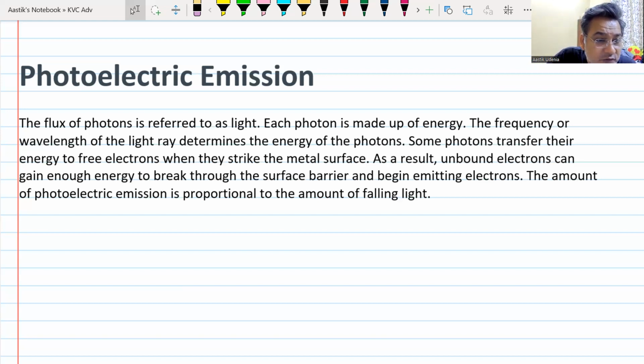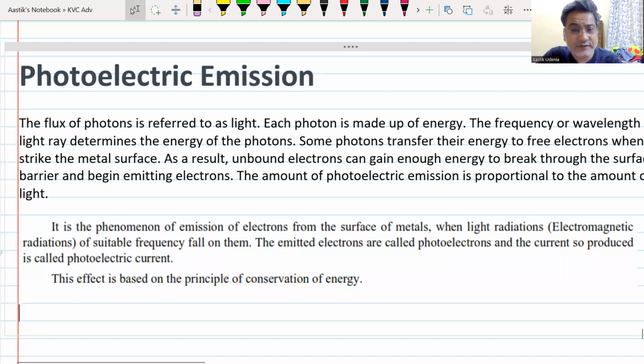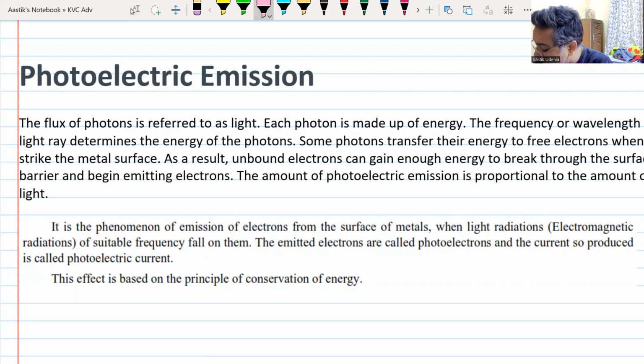So what is photoelectric emission? Photoelectric emission, or the photoelectric effect, is the phenomenon of emission of electrons from the surface of metals when light of suitable frequency falls on them.